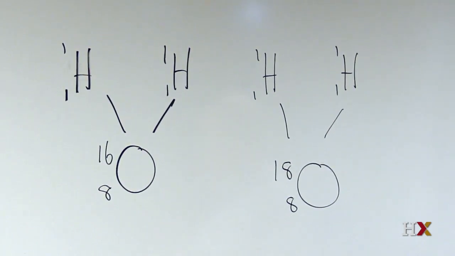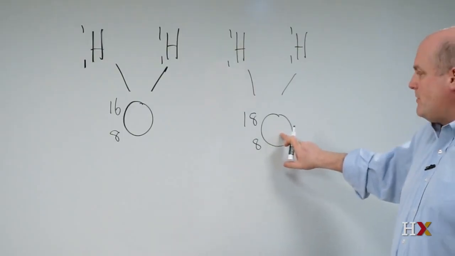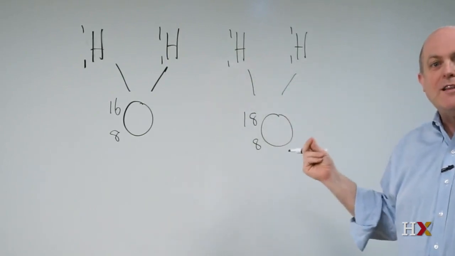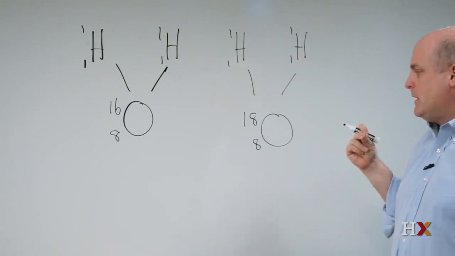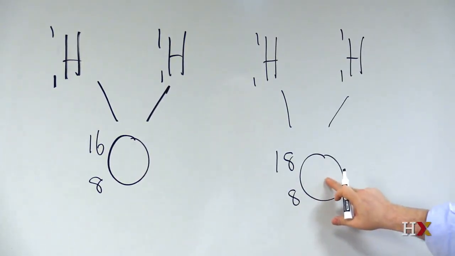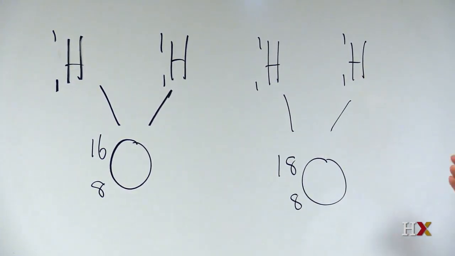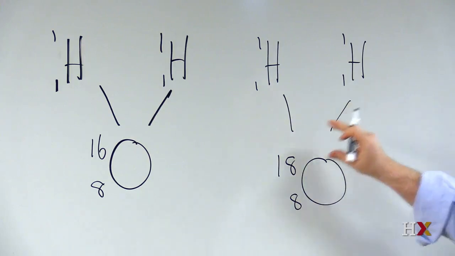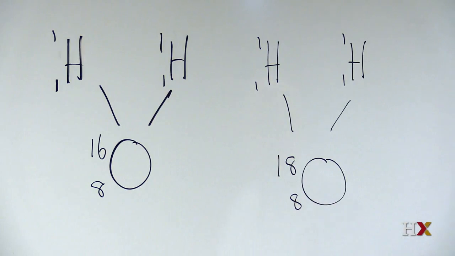It turns out, though, that there's a very small difference between them, which is that in the molecule that has the heavier isotope of oxygen, the bonds between the hydrogen and the oxygen are slightly more stable. These extra 2 neutrons make this bond just a little bit stronger. And so as a result, there's a slight preference that all water molecules have for this oxygen 18.